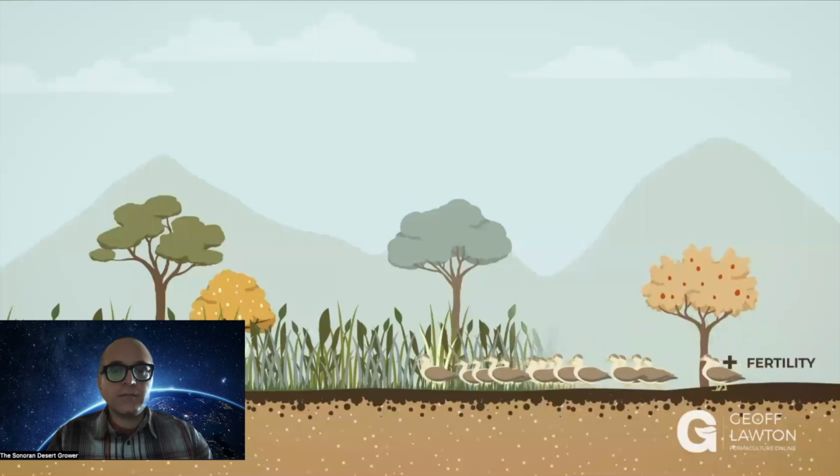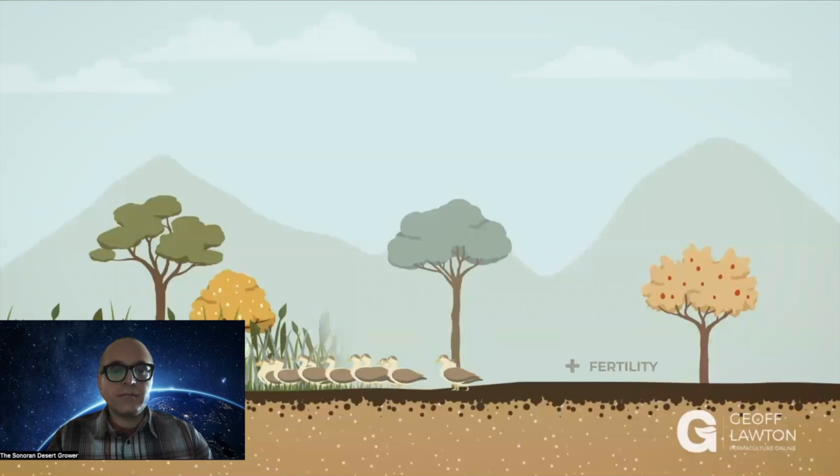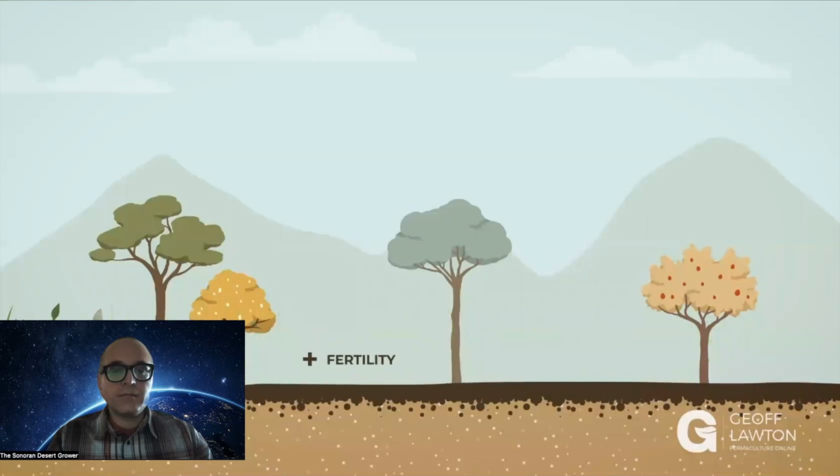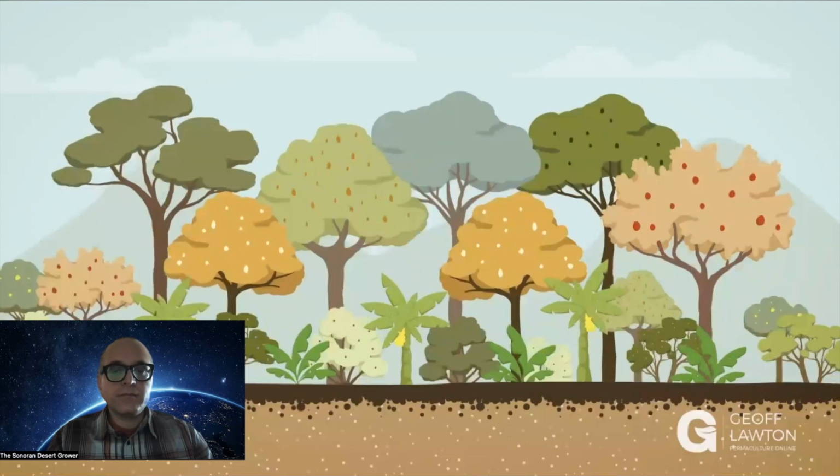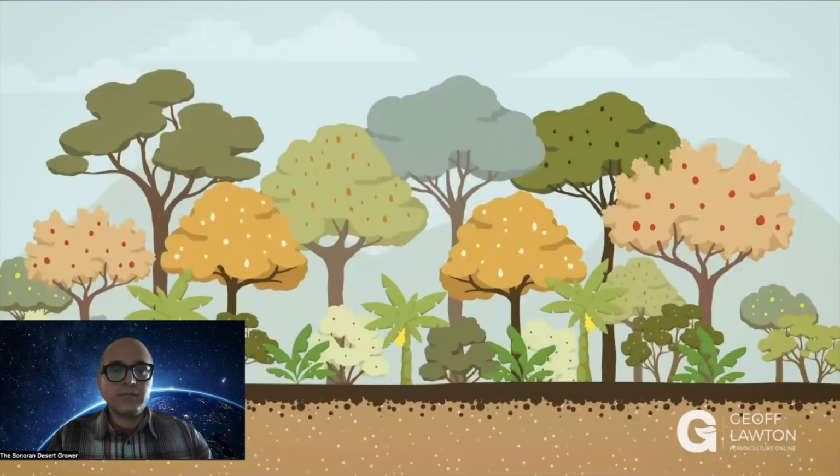They've eaten most of the green material. They've flattened out the grasses. They've manured the ground. They've conditioned the soil. And it's ready for replanting with the support species and interplants and fruit trees where there's gaps.